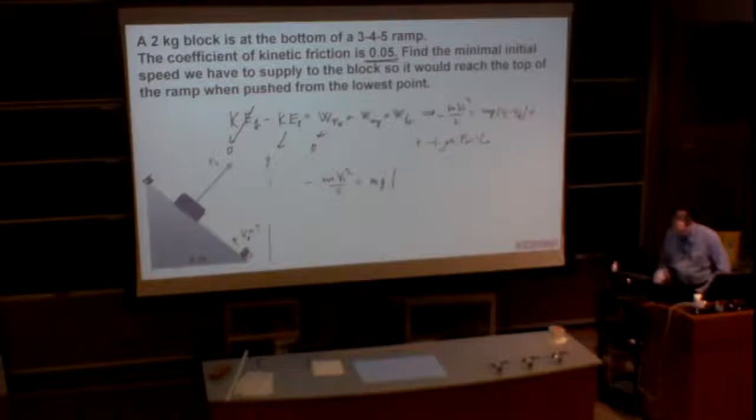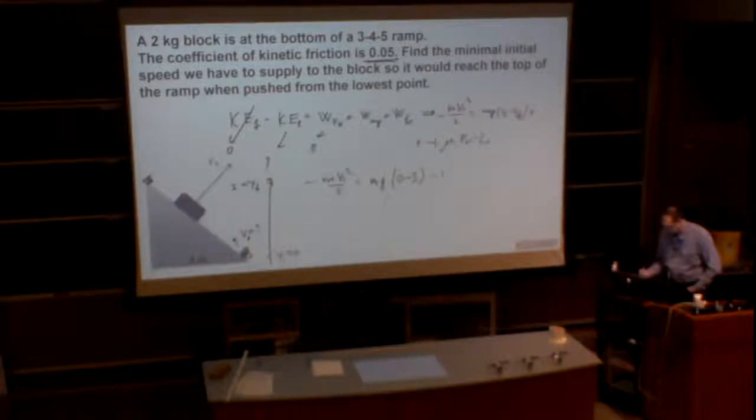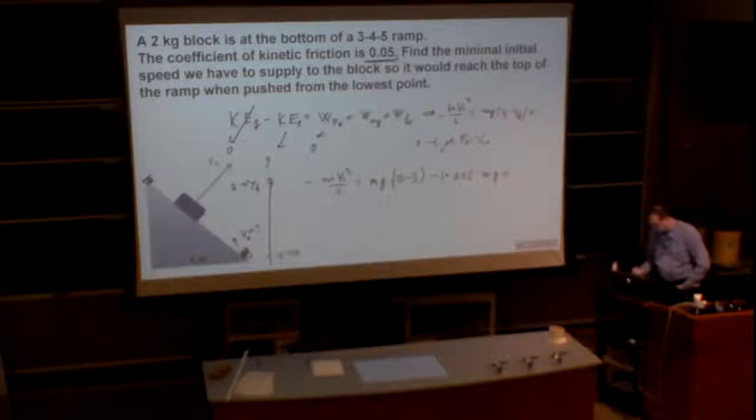Now, the initial y coordinate equals 0, and the final y coordinate will be equal to 3 meters. So 0 minus 3, minus 1 times 0.05 times normal force, still equal to m times g times cosine theta, and the distance traveled.